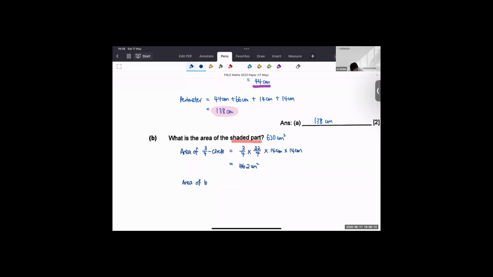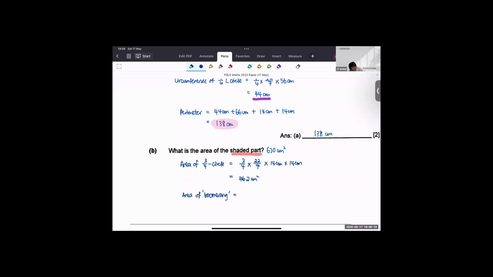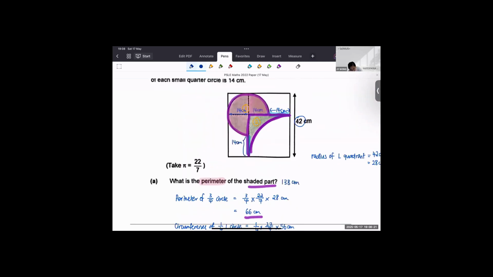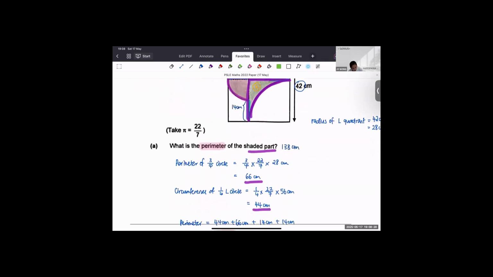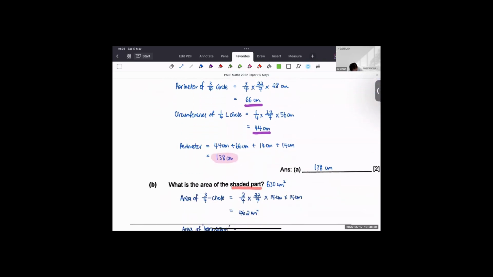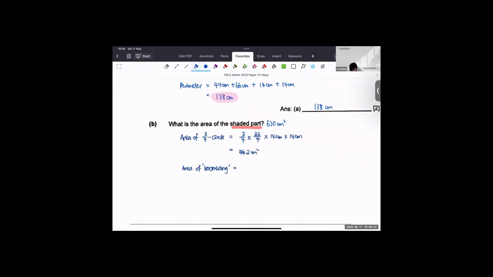Next, area of the boomerang. I can combine two steps together. You always remember that you take the square minus away the quadrant. That's how you get a boomerang. So area of square minus area of quadrant. I'm going to write this out as an equation.